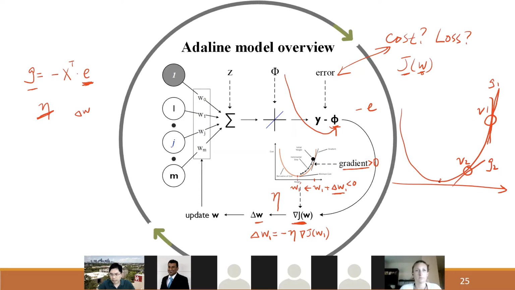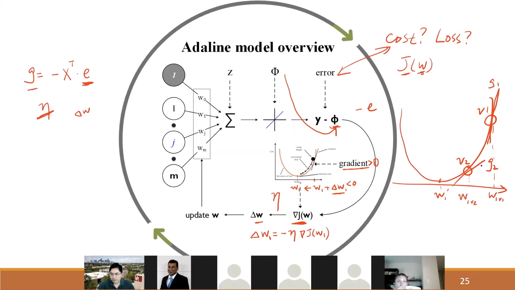Okay, and you observe, this is the ideal weight location, this is the current weight of version 2, and this is the current weight of version 1. Now, which gradient is bigger?